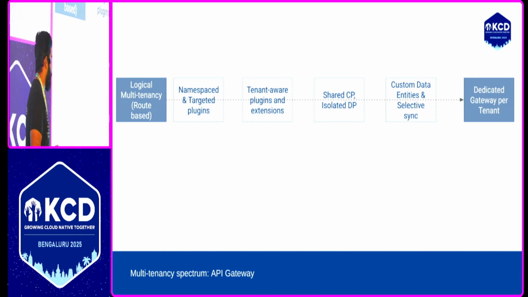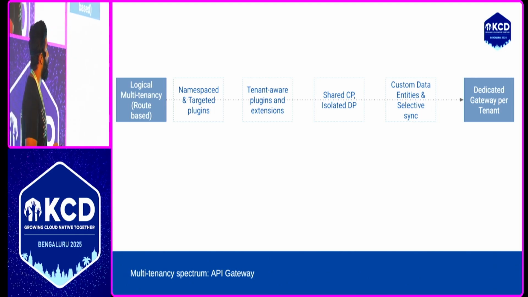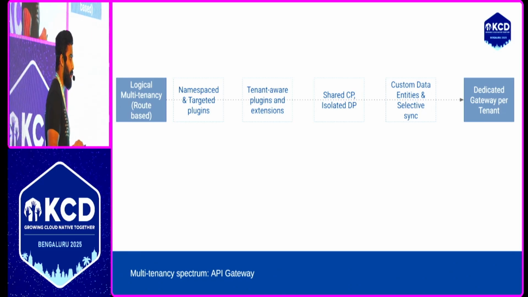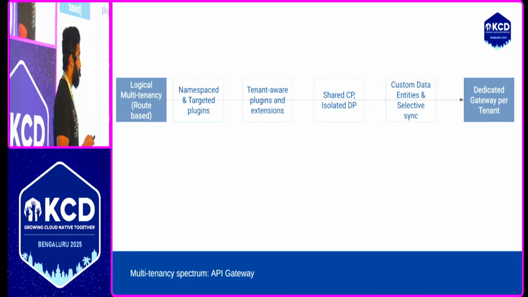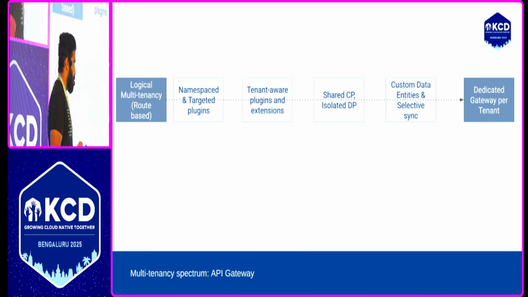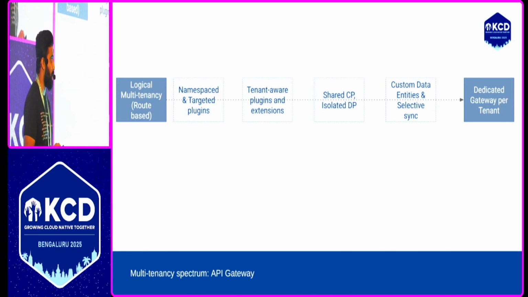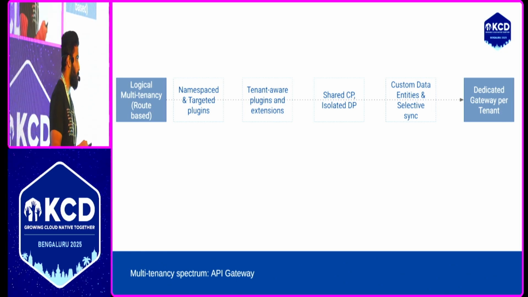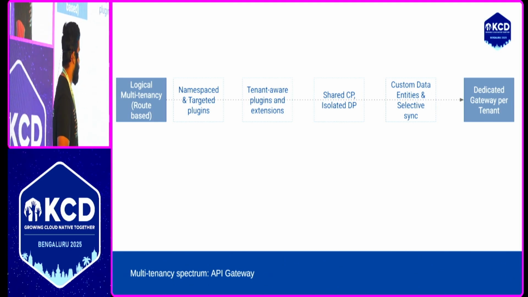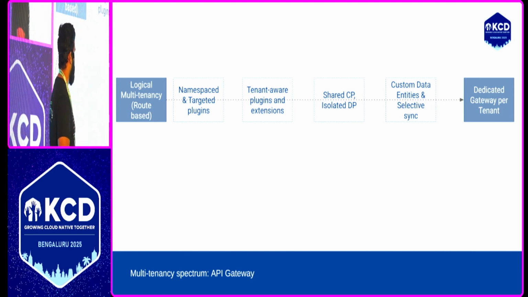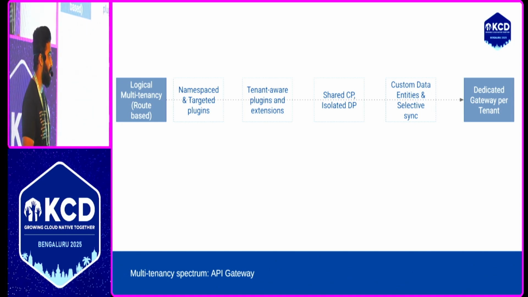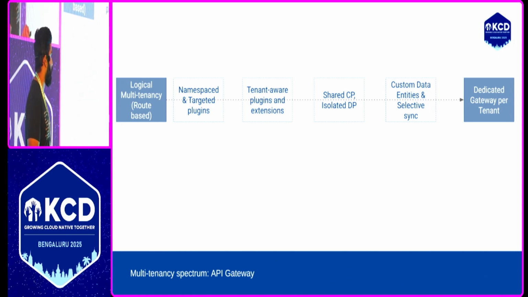And the middle ground is having a shared control plane and dedicated data planes for each tenant, which is the same as having the same control plane in Kubernetes and different node groups or different nodes for every tenant. This is the equivalent in the API gateway world, where you can have a shared control plane and dedicated data planes for every customer.